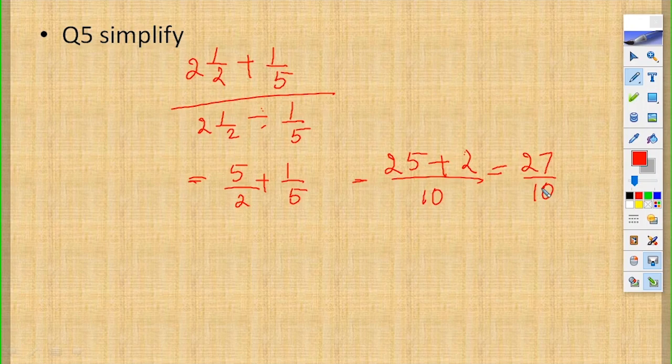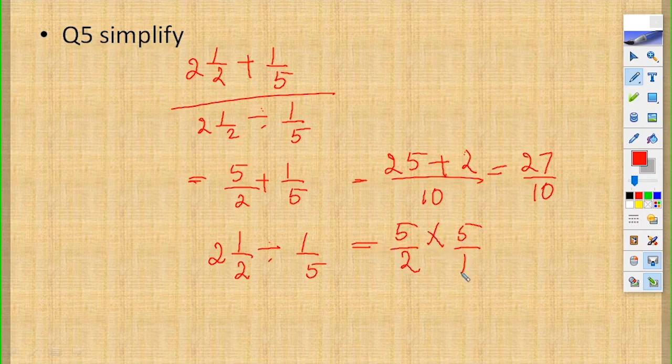Now the denominator part is 2 1 by 2 divided by 1 by 5. I have again 5 by 2. Now take the reciprocal, I'll get 5 by 1. So the denominator part is 25 by 2.